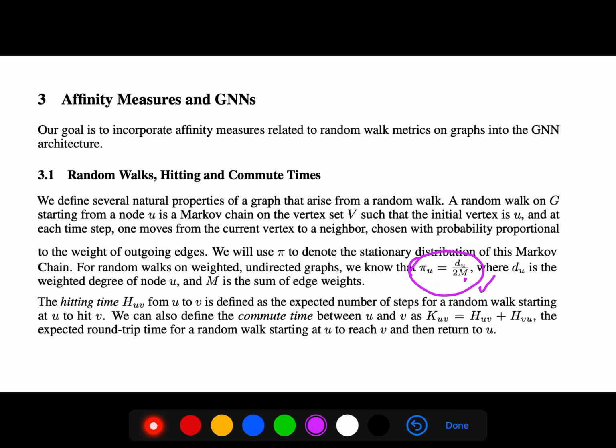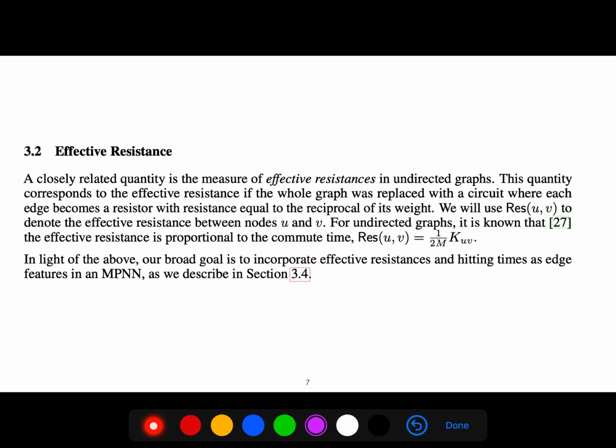The hitting time, by the way, as I said, is going and then coming back. So if you add the hitting times of going and coming back, you get the commute time. Effective resistance, we calculate here, and it's related to this pseudo inverse.